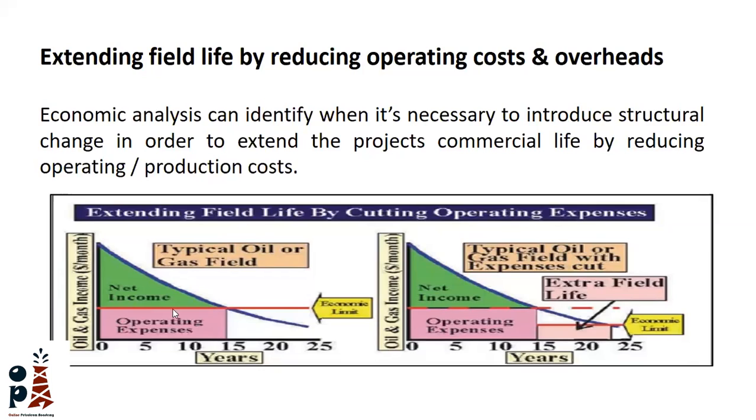In the left graph, the net income decreases with time until it reaches what we call the economic limit, when the net income equals the operating expenses. If you decrease your operating cost, you set a new economic limit, and you may extend your field life cycle.